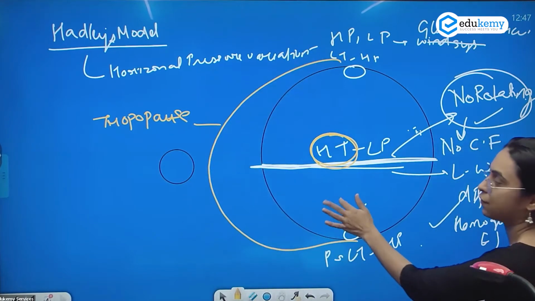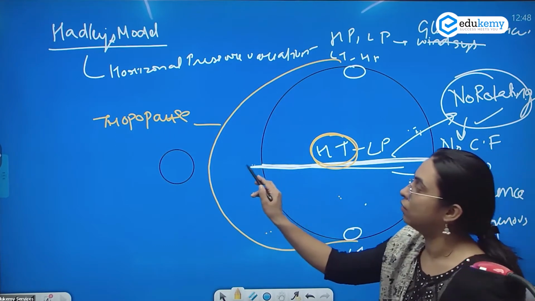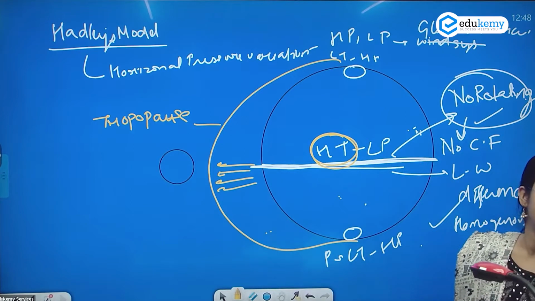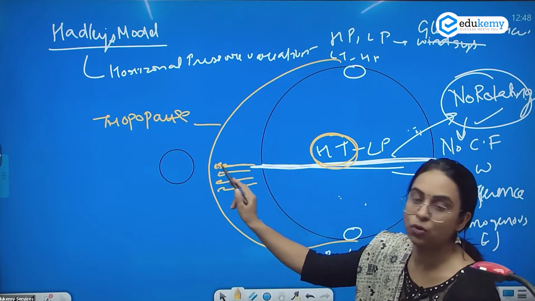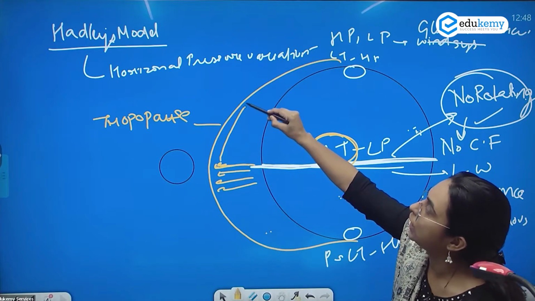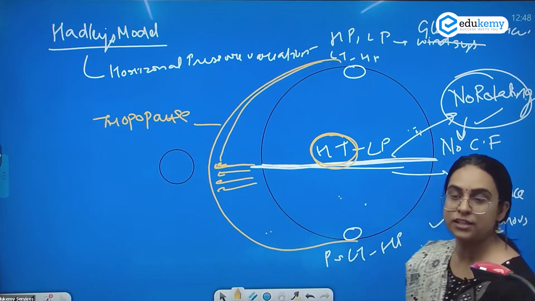So this is the earth's surface, and this is the atmosphere, a layer of atmosphere. The vertical air currents would reach up to the tropopause. The air will move along the tropopause. It's like a lid. Consider a jar.